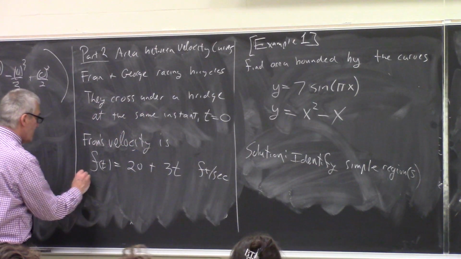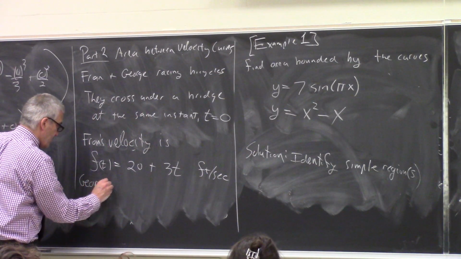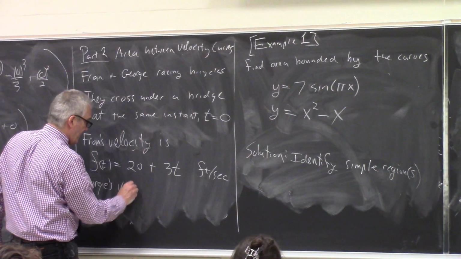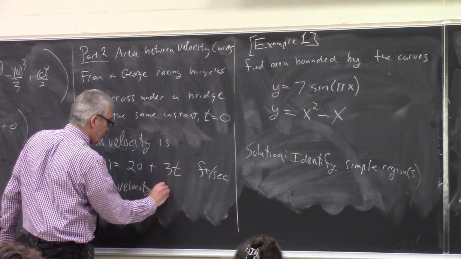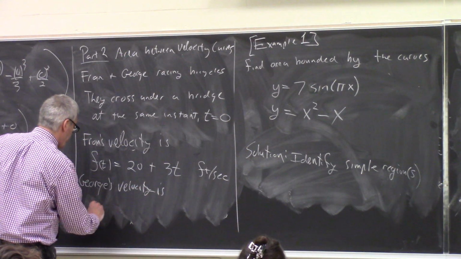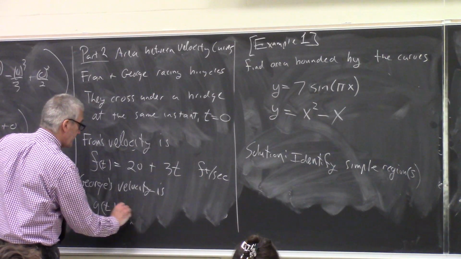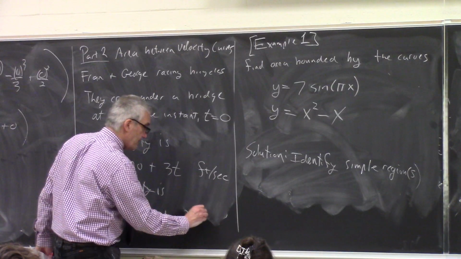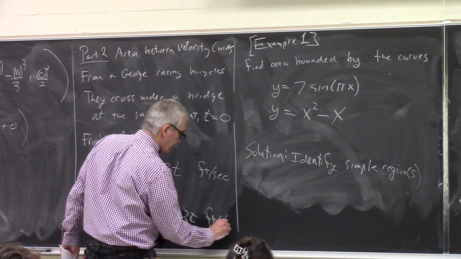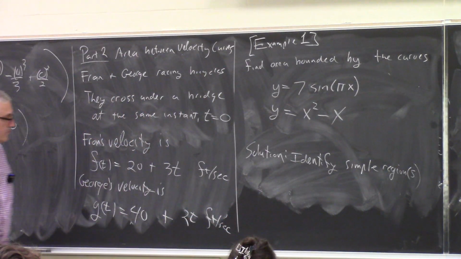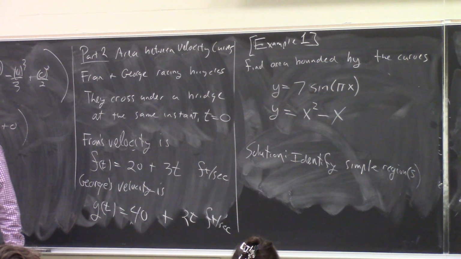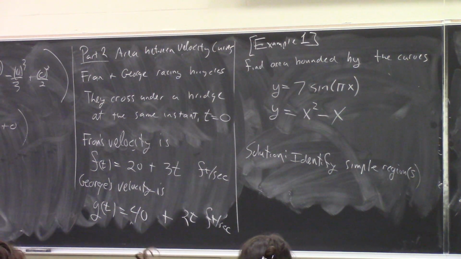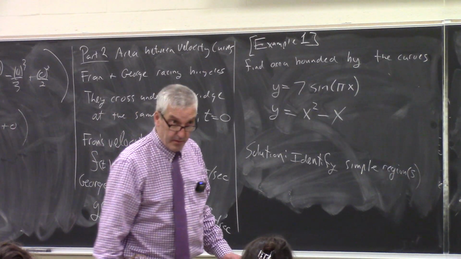George's velocity is g of t equals 40 plus 2t feet per second. So at time 0, Fran's going 20 feet per second, George is going 40 feet per second. At that instant, they both cross under this bridge.